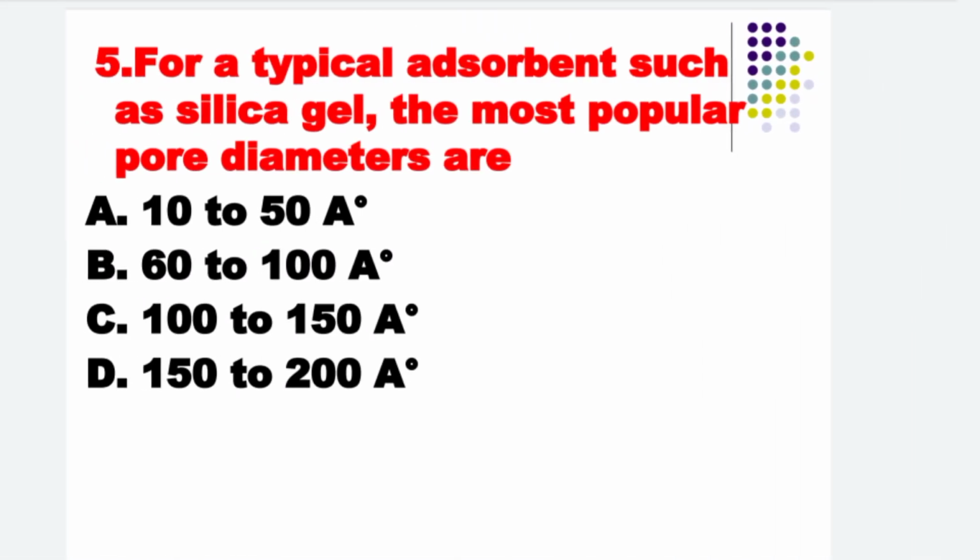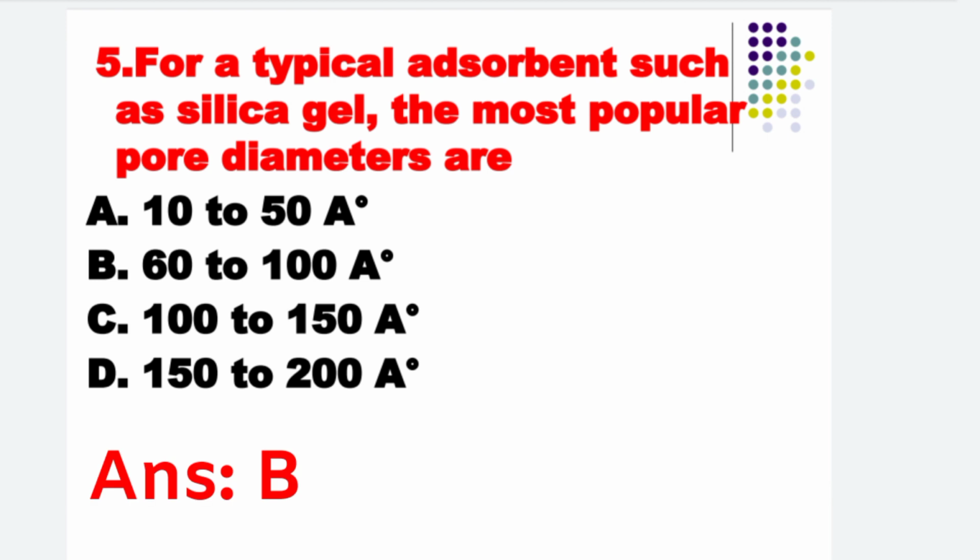Next is for a typical adsorbent such as silica gel, the most popular pore diameter are option A, 10 to 50 angstrom; option B, 60 to 100 angstrom; option C, 100 to 150 angstrom; and option D, 150 to 200 angstrom.